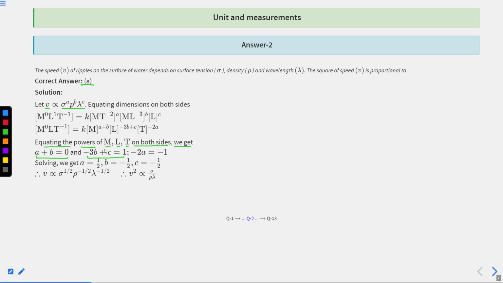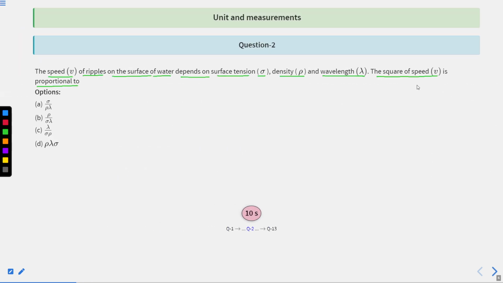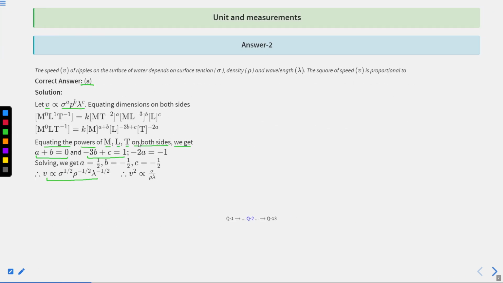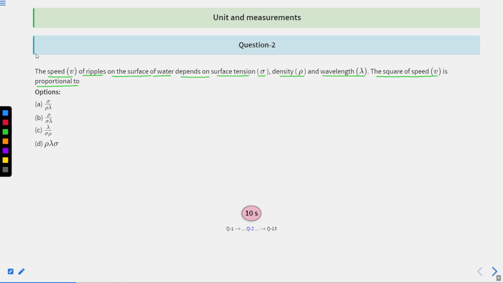Solving these equations, we get a equal to 1 by 2, b equal to minus 1 by 2, and c equal to minus 1 by 2. So the velocity is directly proportional to this. The question asked about the square of speed. The square of speed is directly proportional to sigma upon rho lambda. Clear? The correct option is A.